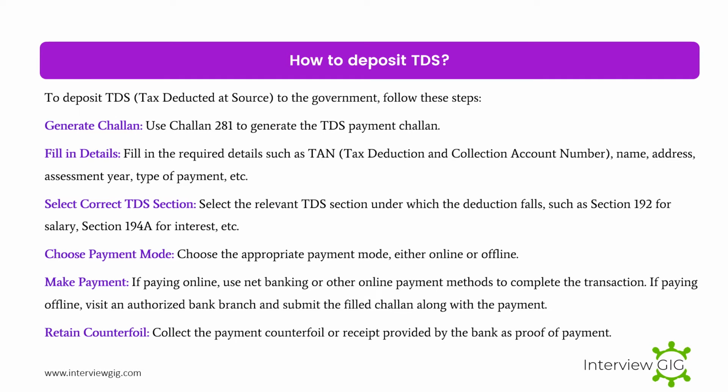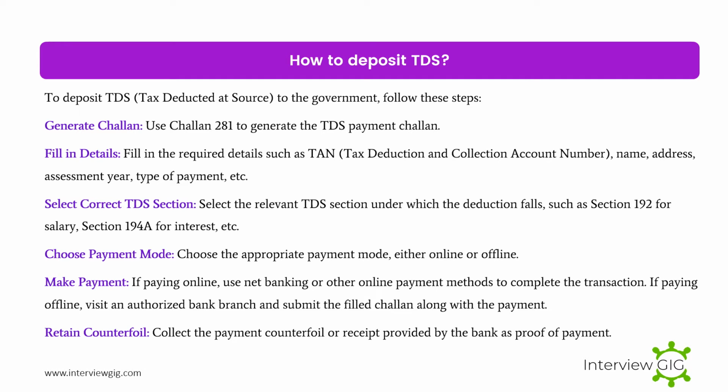Select the relevant TDS section under which the deduction falls, such as Section 192 for salary, Section 194 for interest, etc. Choose payment mode. Choose the appropriate payment mode, either online or offline.